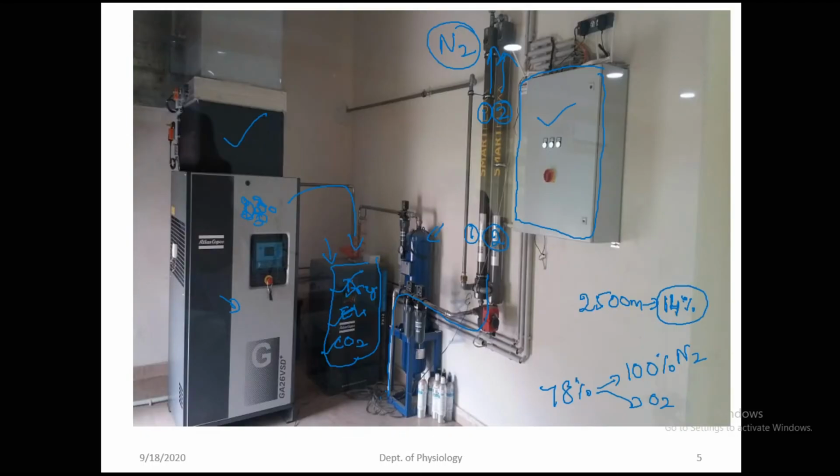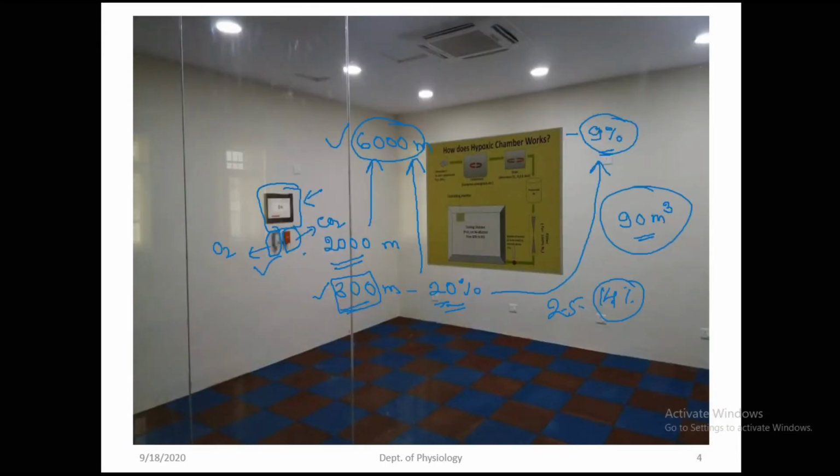So what happens is this 100% nitrogen is mixed with the normal atmospheric air. At the top there is a fan-like system which mixes the atmospheric air with the 100% nitrogen depending on the oxygen requirement. The mixed air is sent inside the room, so that the room maintains 14% oxygen concentration.